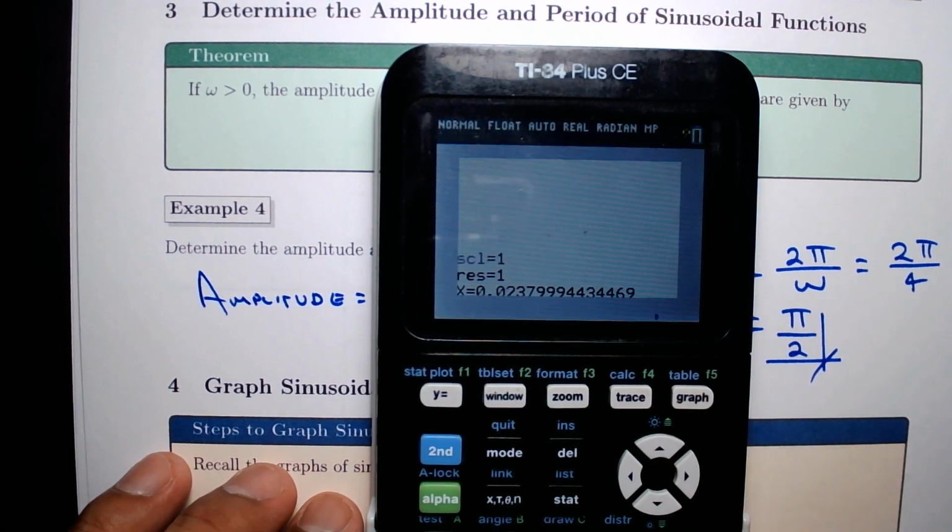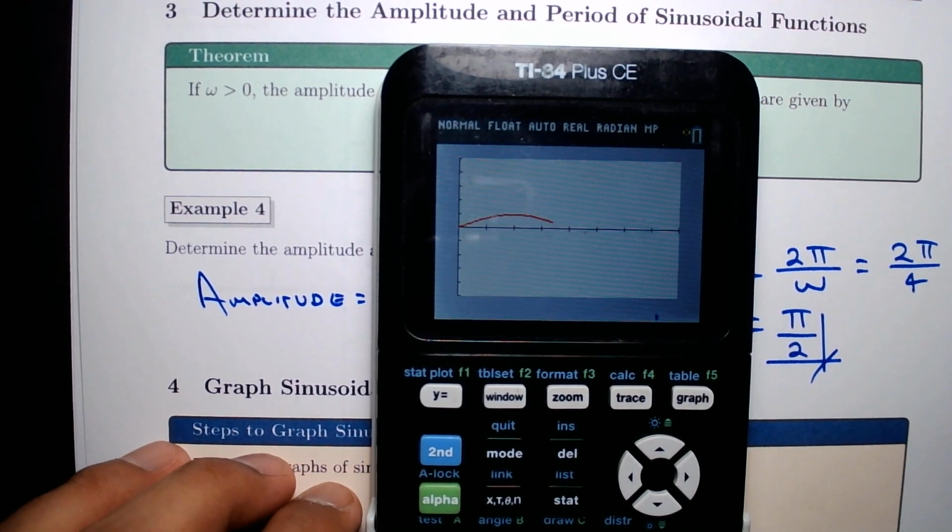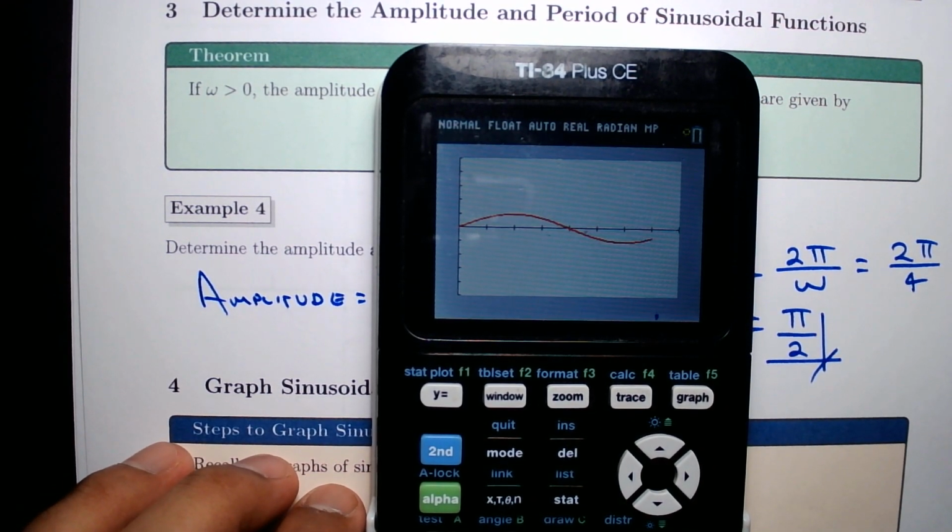That's all we need. What's going to happen here? Well, look, that's one period for the sine function. And look at that, 1 period, 2 periods, 3 periods, 4 periods.